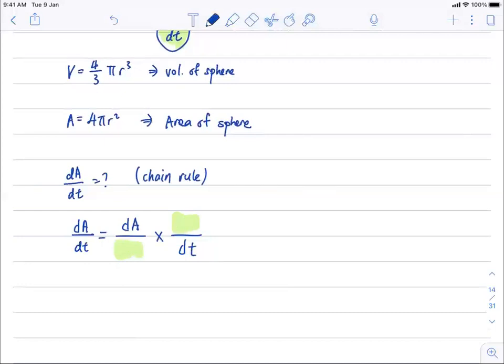So in this case, to find dA over dt, we can use dV over dt and dA over dV. Why do we use dV over dt? Because we already have dV over dt from the previous question.